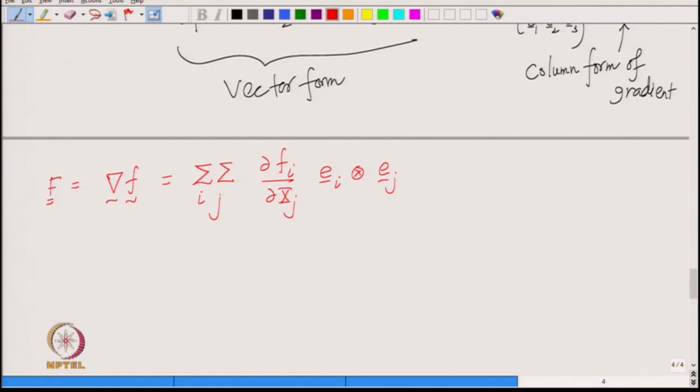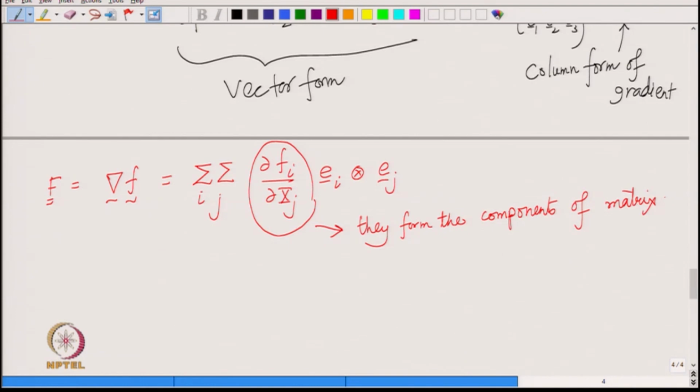And we know from the first lecture that the coefficient here forms the matrix components, is not it. So, they form the components of matrix of the tensor.